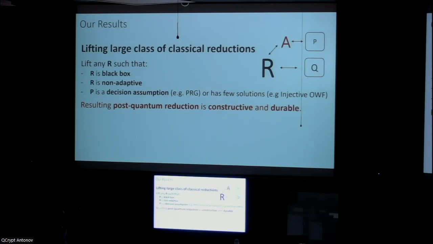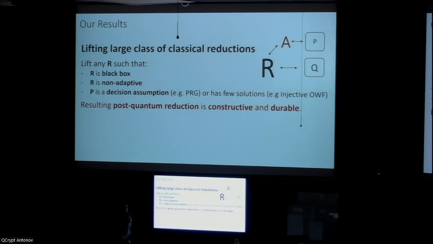Okay, so we assume the reduction is black box, it's non-adaptive, and the primitive P is not a general search primitive. Let's say it's a decision primitive, like a PRG or semantically secure encryption. Is it an encryption of 0 or an encryption of 1? The adversary needs to guess. It's a decision assumption. This can be made more general than decision, but let's think of decision from now.